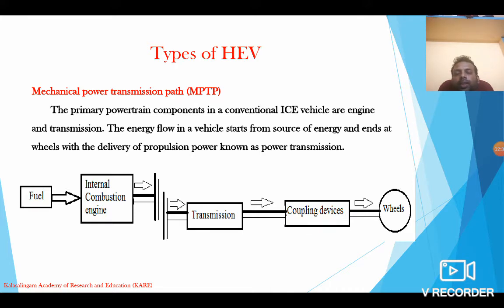As I said in the last video, the electrical drives are more efficient compared to the internal combustion engine at a lower speed, right? So initially the vehicle is propelled with the help of the electrical drive, and then it is switched to the internal combustion engine, right? The whole switching process will be controlled by means of a controller.